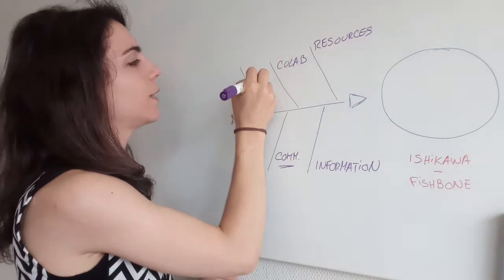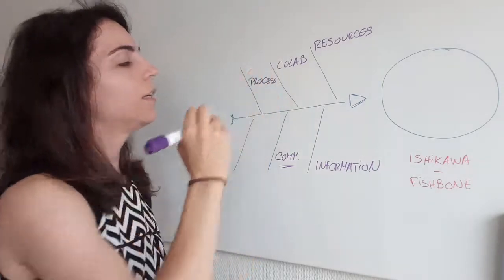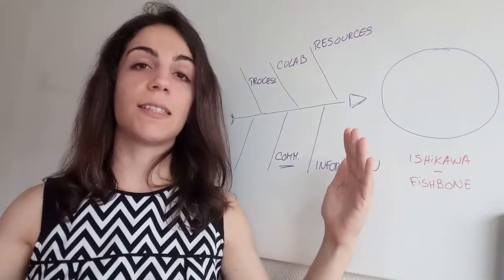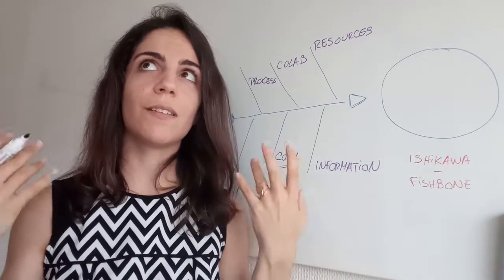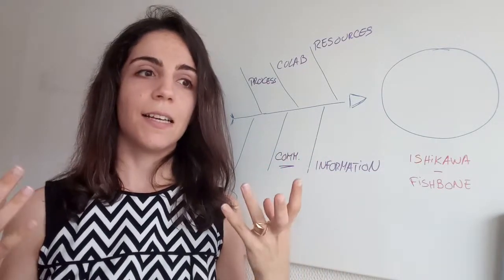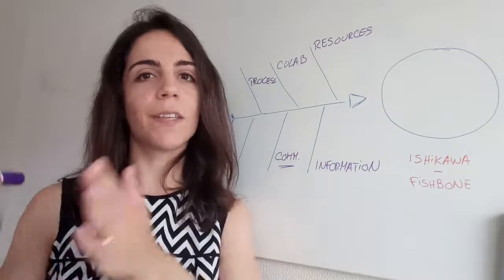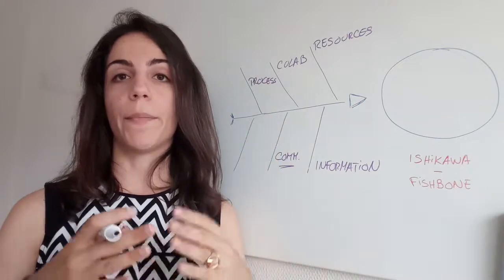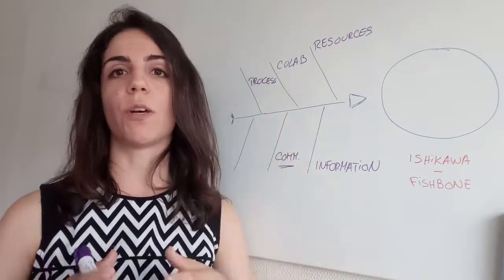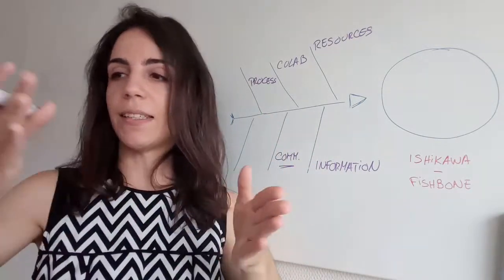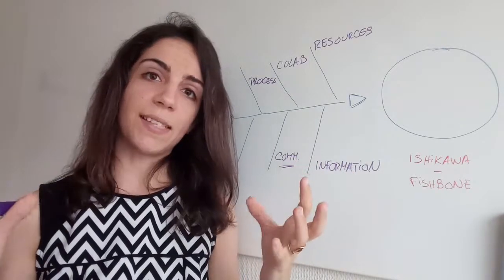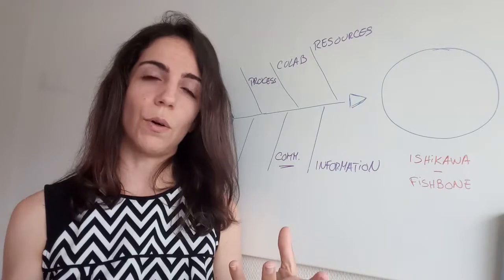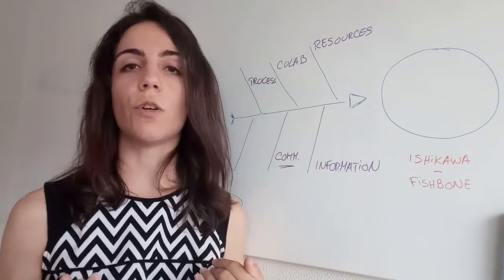The following one is processes. So let's write here process. The process on how you work, it might be that you have a process that is very long. Usually this is what we imagine as something that is more bureaucratic, something that takes a lot of steps to get done. And sometimes when you are working in a team, it might be that your process implies that you have to go through so many steps, and sometimes some of them might not be needed at all and might be holding back your performance.